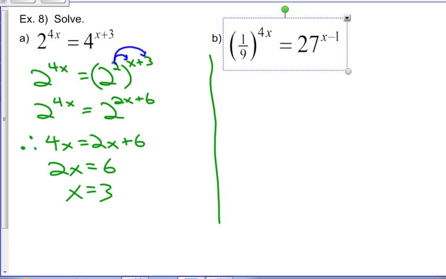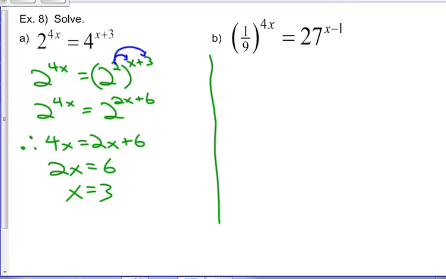Now we do have to know our exponent rules fairly well to be able to find that common base. So I have a 1 over 9 in the next one, and a 27. What's fishy about these? 27 is 3 cubed, but can I express 1 over 9 as something to do with 3? You certainly can.